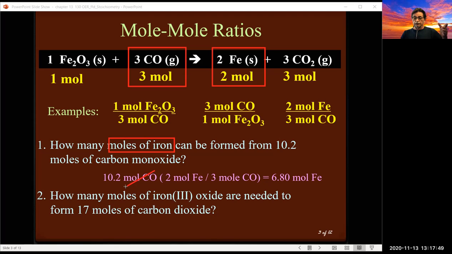Note here that moles of carbon monoxide cancel out, which tells me that I set it up properly with respect to the units, because the only units I got left now are moles of iron. So I simply get 10.2 multiplied by 2 divided by 3. Therefore, my answer is 6.80 moles of iron. So 6.8 moles of iron are formed or produced if I start off with 10.2 moles of carbon monoxide.